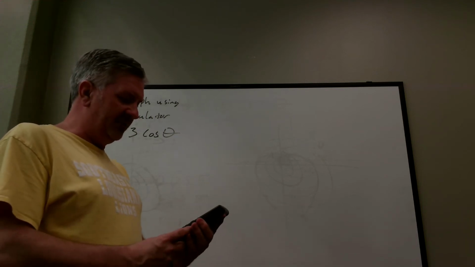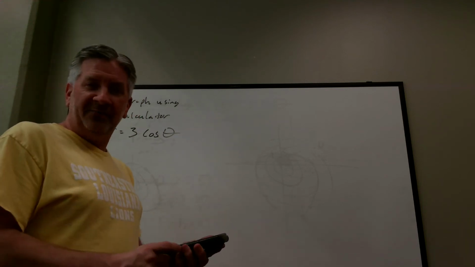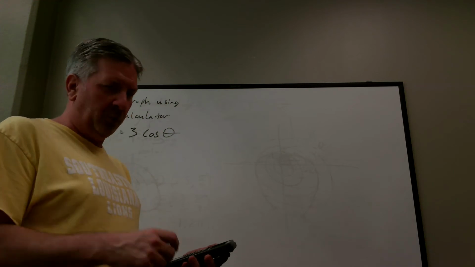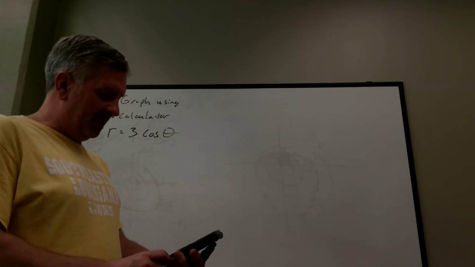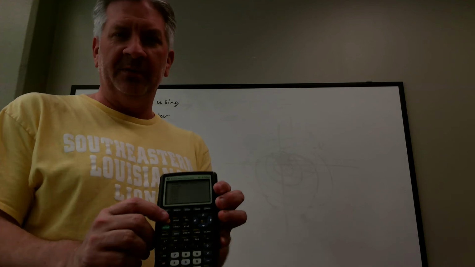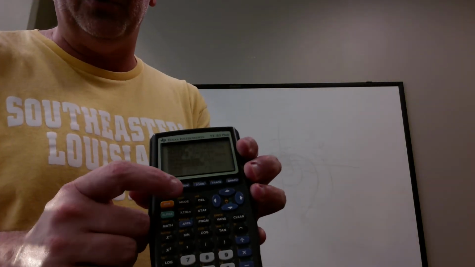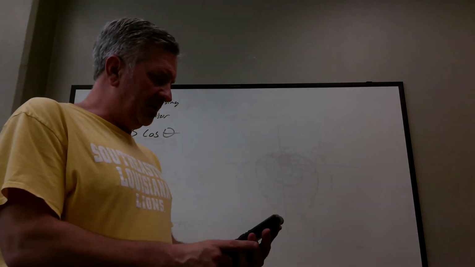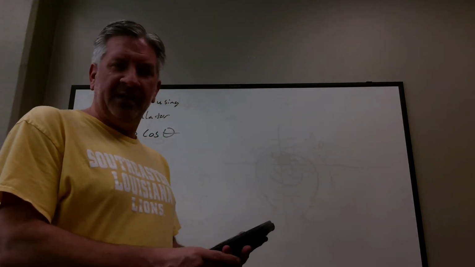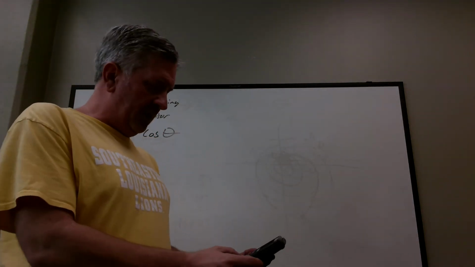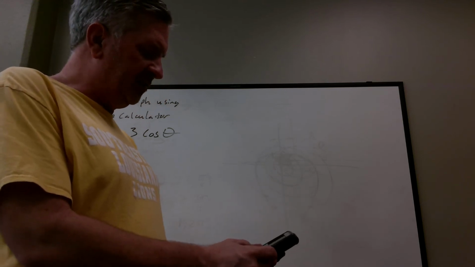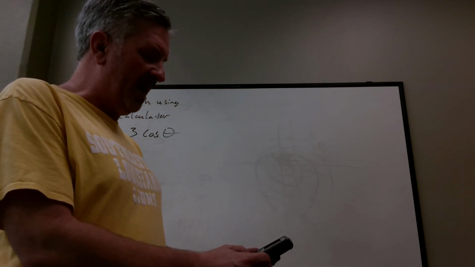So again, if you have the online version of the 83 or the 84 that I sent you in an email, go to the mode button, next to the second button. The fourth choice down says func. That's for function, the usual one you use. You have to scroll down and change func to POL for polar.